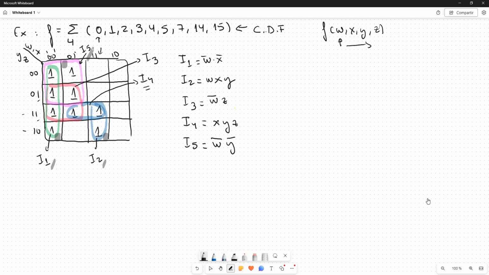So when obtaining the minimal function, the minimal sum, we have the following. F is going to be minimally implicant 1, that is this, plus implicant 2, that is this, plus implicant 5, that is this.